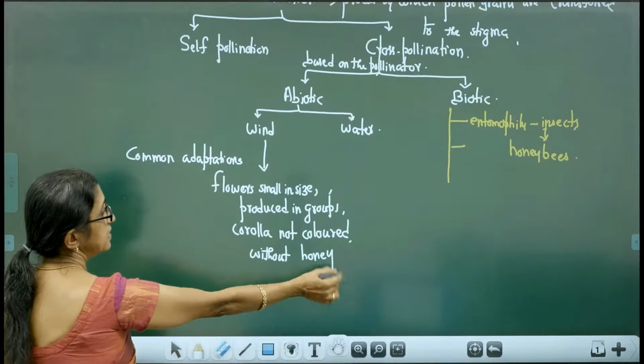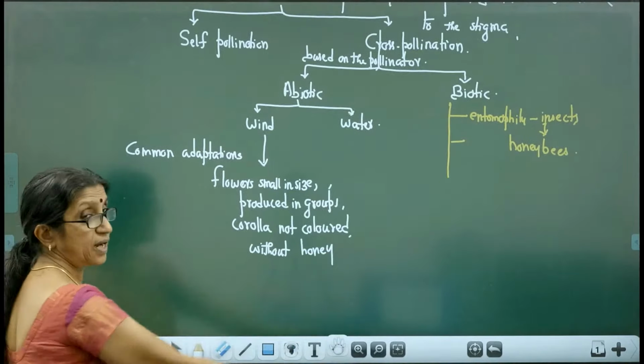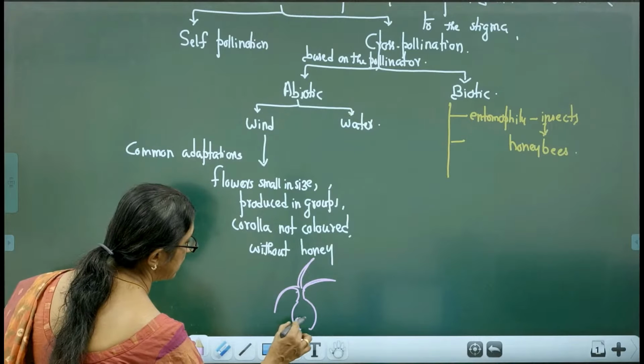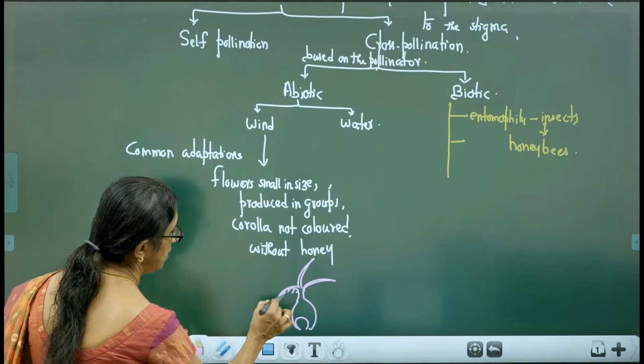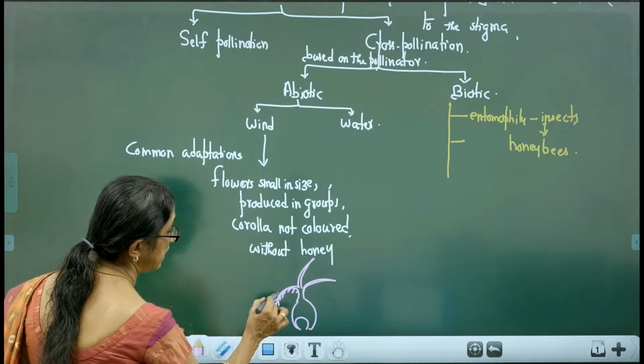But we can see certain other adaptations for the gynoecium and the androecium. The ovary is single chambered, with a small style and trifid stigma. This is the ovary with a single ovule and feathery stigma.